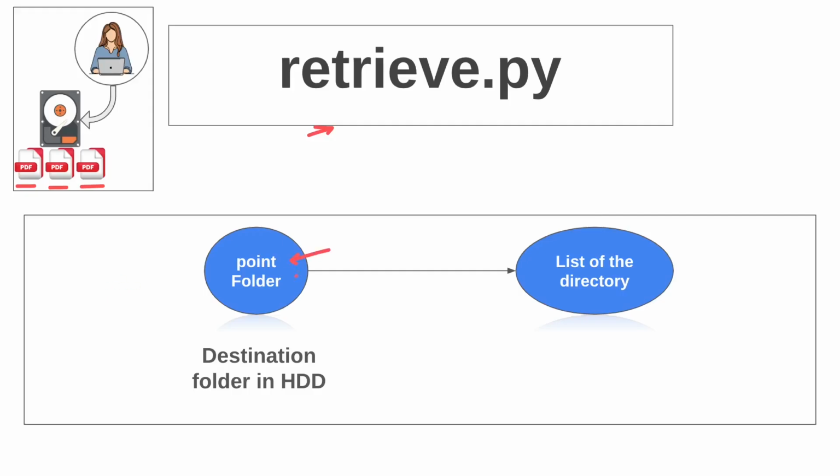Then we point to the backend server destination folder. Then we create the list of this directory using os.listdir. Then I have to return these files.